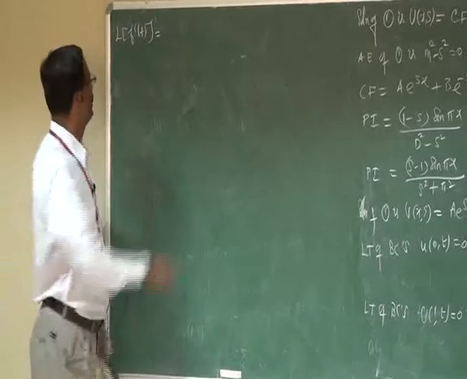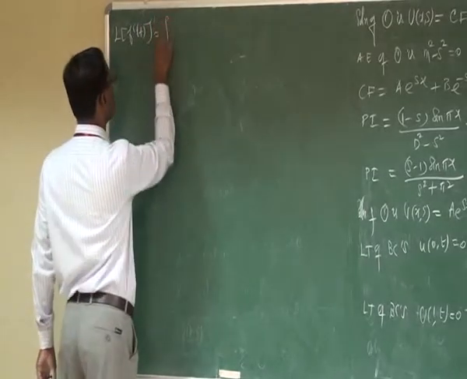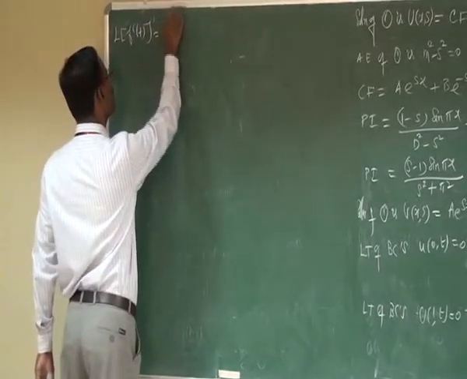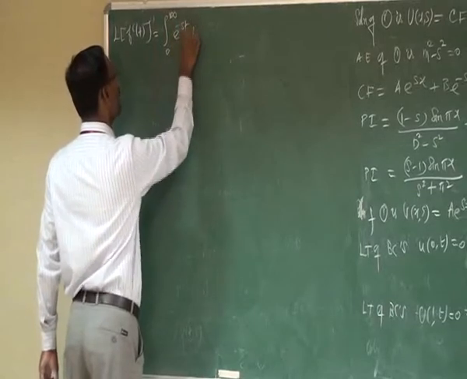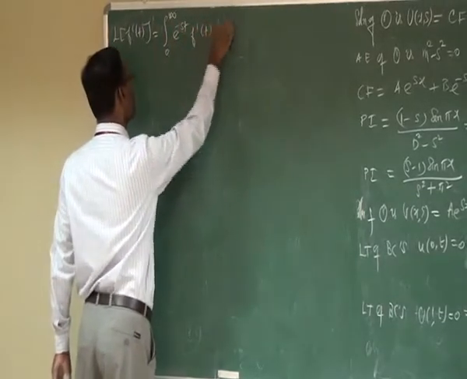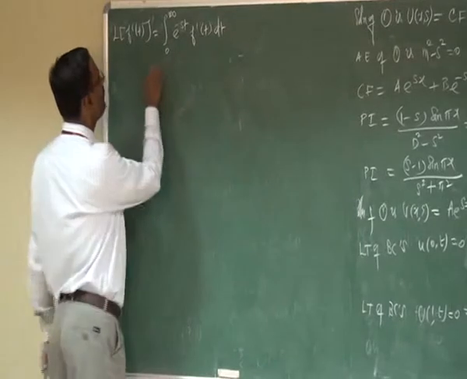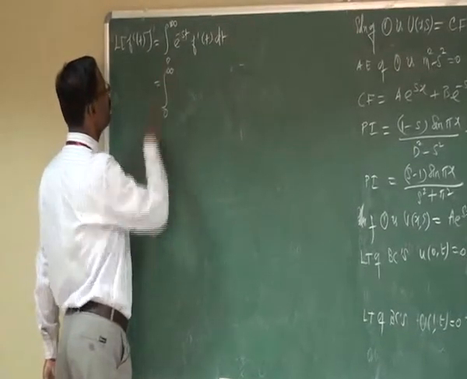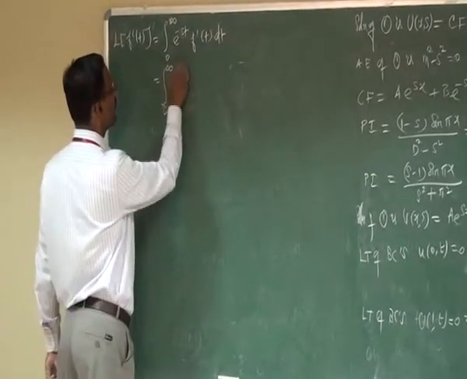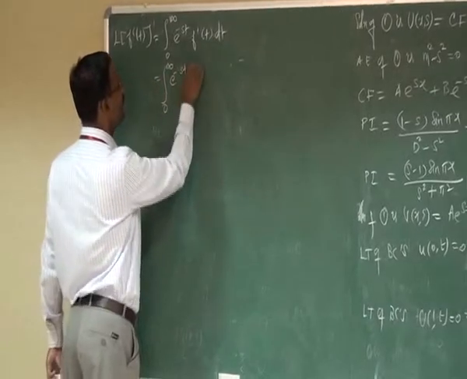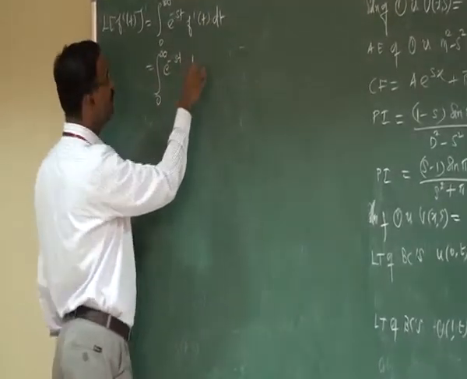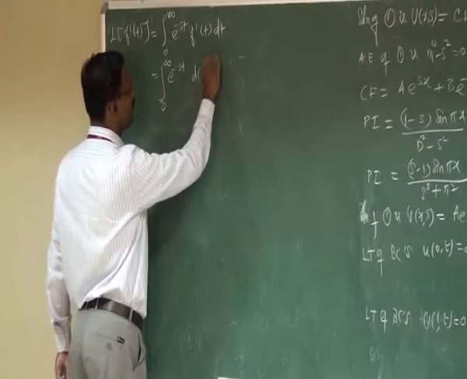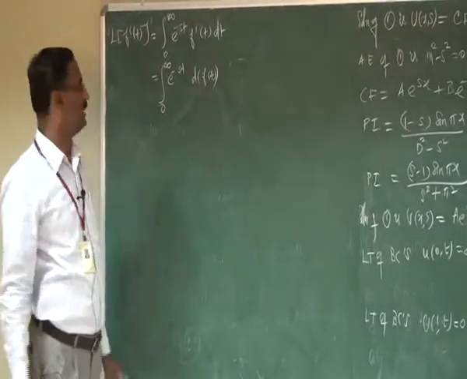by definition the Laplace transform of f dash of t is equal to integral 0 to infinity e power minus st f dash of t dt. So it is equal to integral 0 to infinity, here e power minus st, and f dash of t into dt is simply written as the differentiation of f of t.